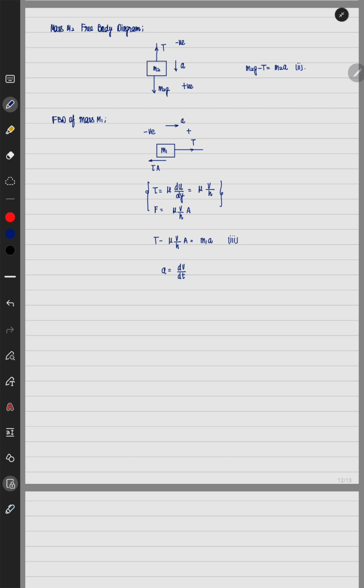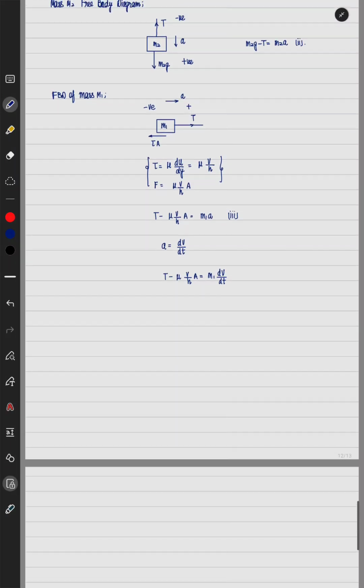So equation 3 can be written as T minus mu into v by h into A is equal to m1 into dv by dt. Now I can put equation 2 in equation 3 to write T as a function of velocity, or at least acceleration, and acceleration can be written as dv by dt.